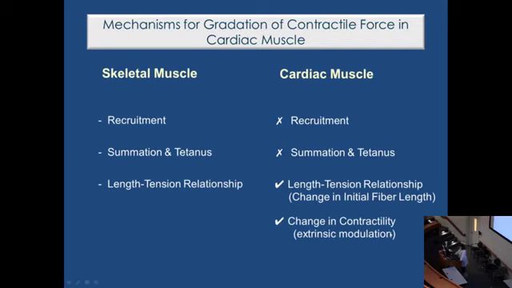I think you also reviewed some of this material in your heart lectures, and you know by now that contractility is the measure of the force or tension developed by the muscle fiber at a given initial fiber length, right? It's also known as the inotropic state.